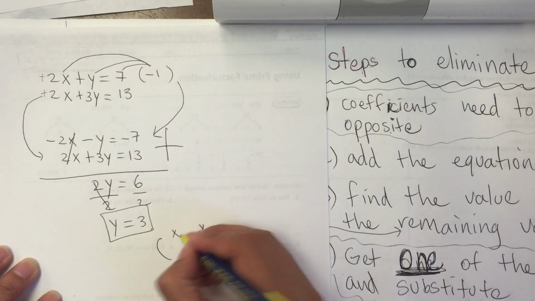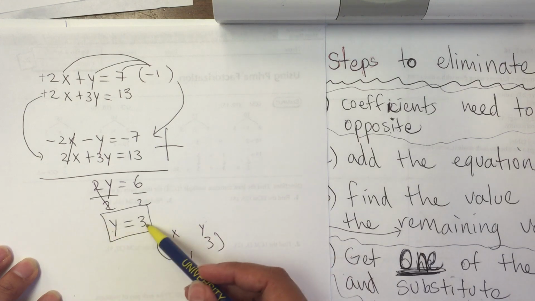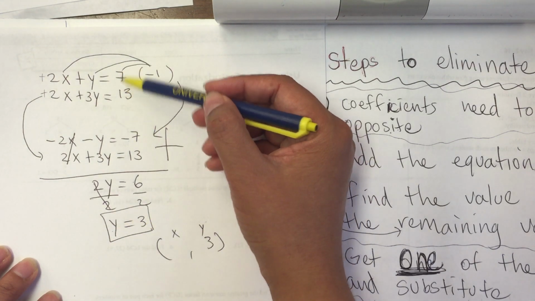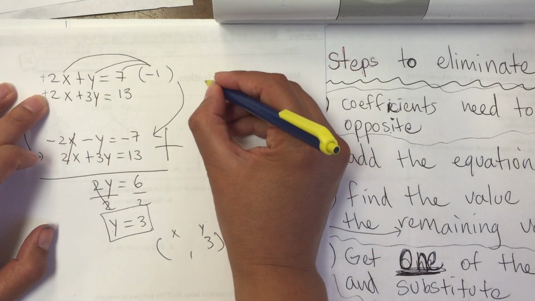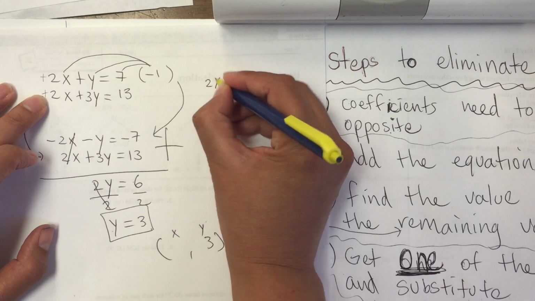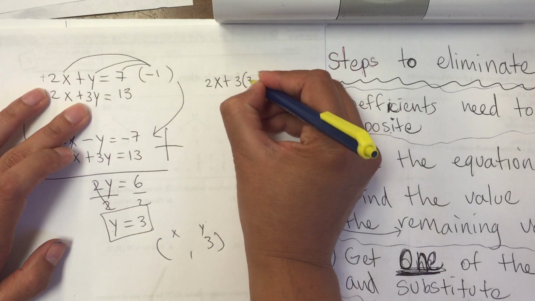Now I need to find x. Be careful. Which one are we replacing? The y. And we only need one of the two equations, okay? I'm going to choose the second one just for a change. So 2x plus 3y, the y is going to be replaced.